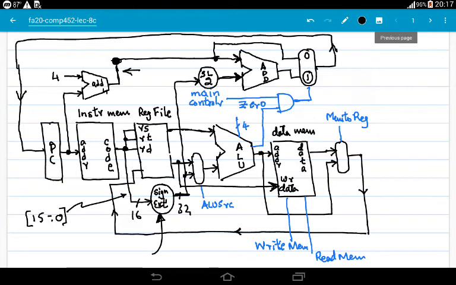By the way, I want to tell you that your textbook contains some beautiful examples of how this data path implements the load word instruction and how it implements the store word instruction. Rather, I should say how the load word instruction flows through this data path, and how the store word instruction flows through this data path.